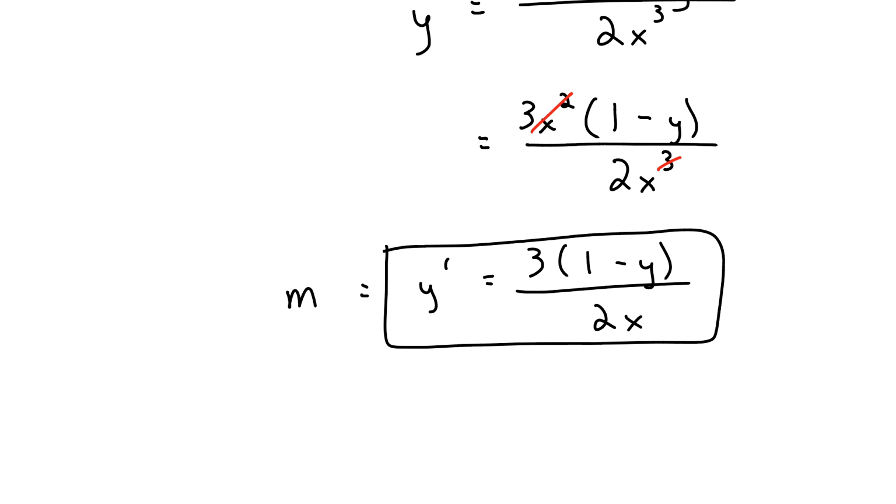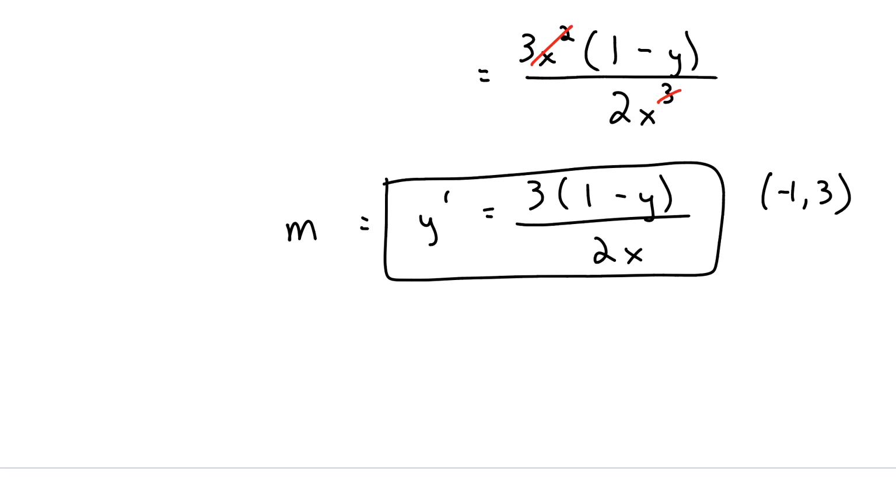I would need both an x value and a y value here. So if I picked a point on my curve, just to show a really quick example here, let's say that I chose the point -1, 3 here. I would need to take the x value -1, plug that in for x, the y value 3, plug that in for y, and then just solve for y prime.